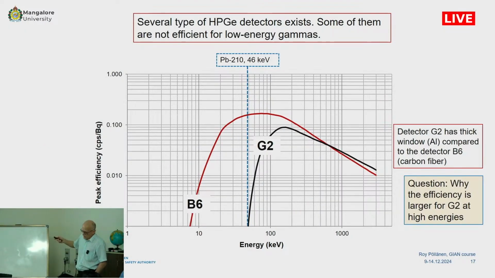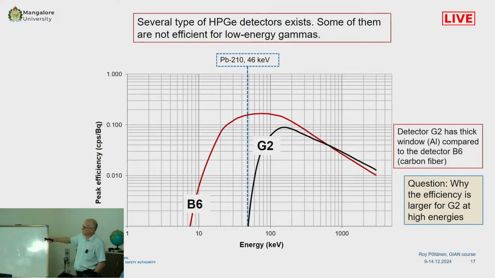Okay, there are several types of detectors. Some of them are not so efficient, for example, for low energy gammas. This is the same curve as I showed you in the previous slide. This is the energy of lead-210, emission energy 46 keV.